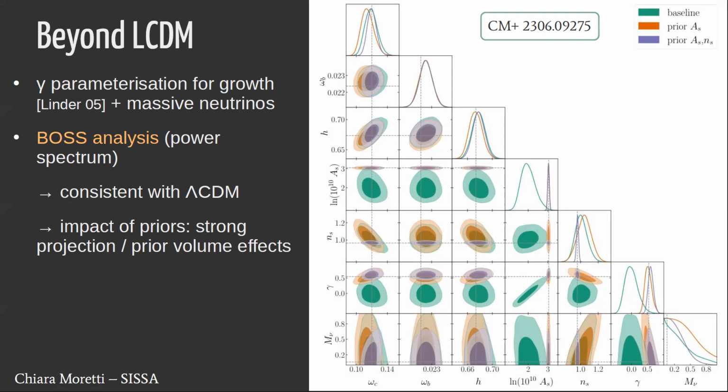And in that case, we also found very, very strong projection effects due to the degeneracies between parameters. And then we tried applying Planck priors on the primordial parameters, which were the ones most degenerate with our additional parameters. And in that case, of course, things work better, and everything is more well constrained and less degenerate.